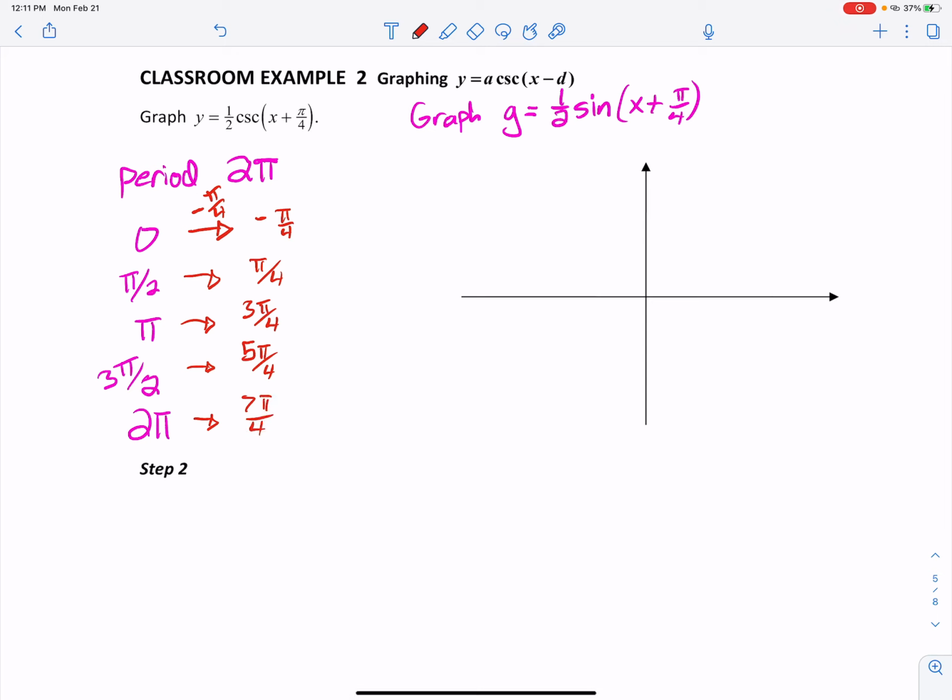So those are my values, so I'm going to plot those here. So I got negative pi over 4, pi over 4, 3 pi over 4, 5 pi over 4, and the last one is 7 pi over 4. I'm dealing with sine. First I need to mark my amplitude. My amplitude is 1/2.